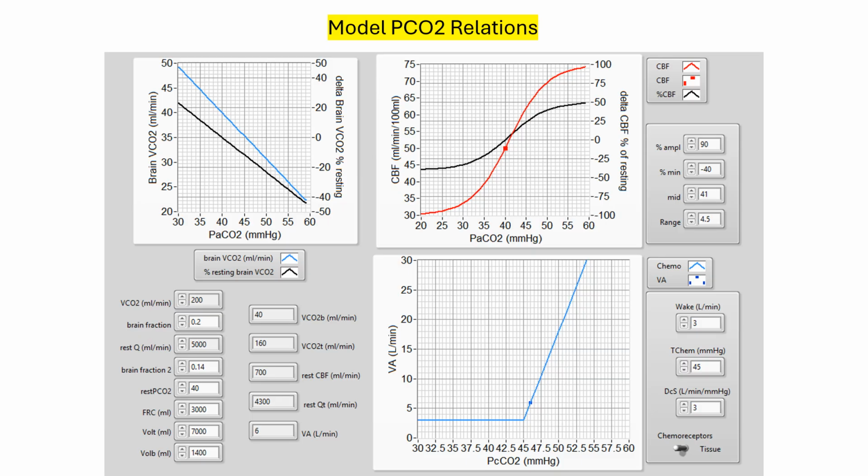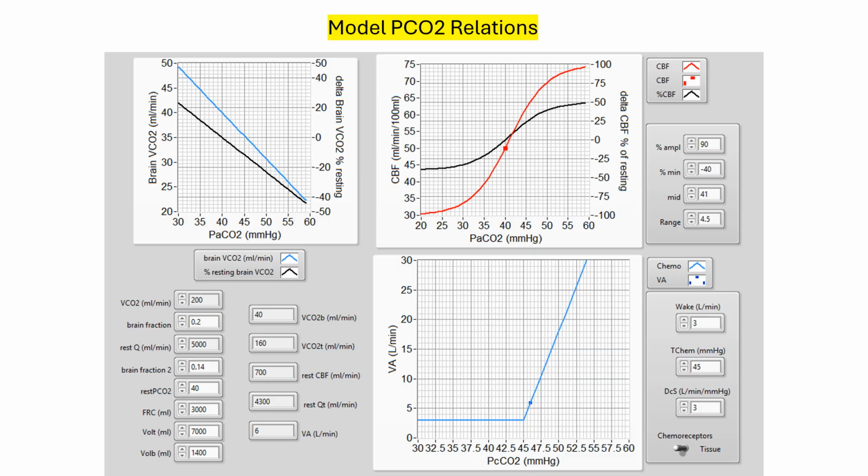Carotid body chemoreceptors were ignored in this model by assuming a hyperoxic environment that suppressed their response to CO2. The chemoreceptor threshold in the brain compartment was set at 49 millimeters of mercury, higher than the chemoreceptor threshold in the all other tissues compartment of 45 millimeters of mercury to obtain the same resting conditions.